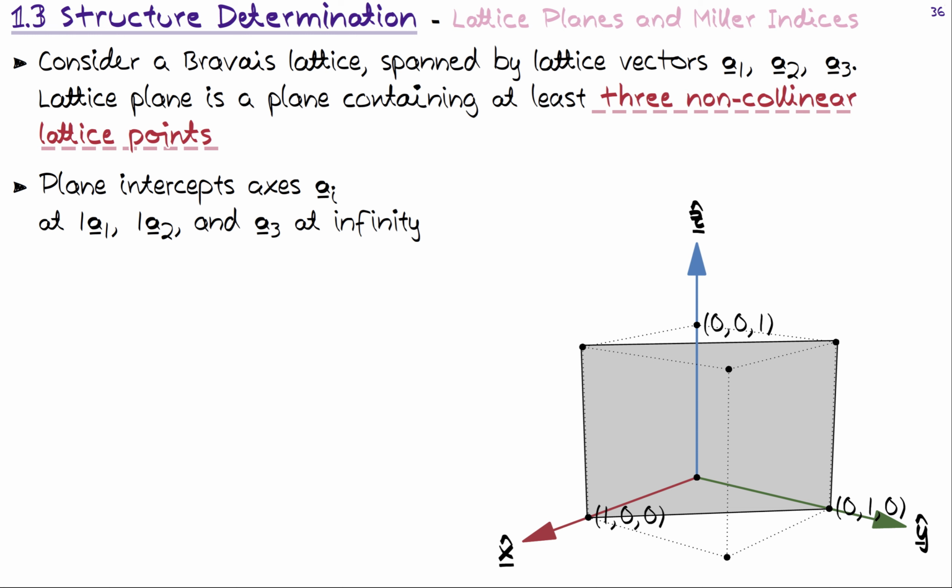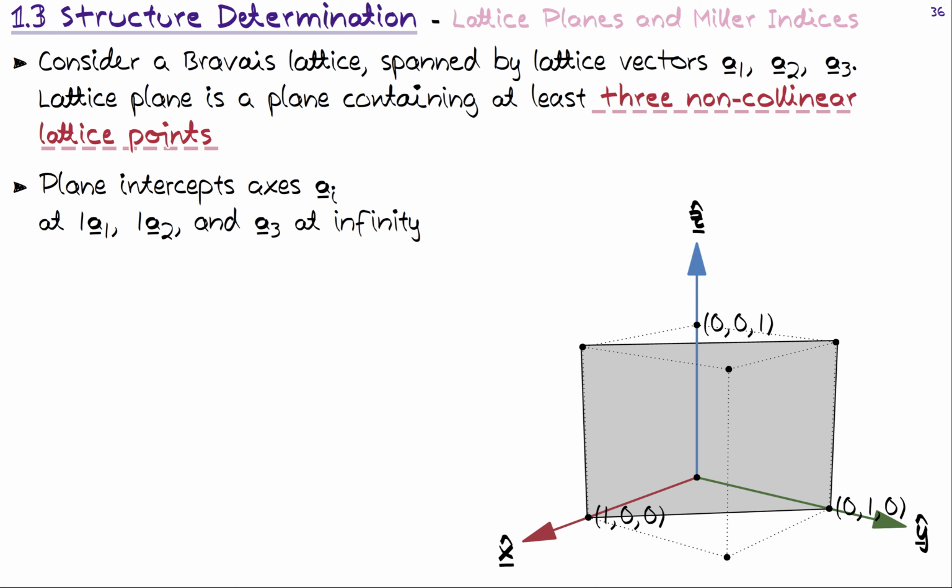And what we will do now is come up with a notation that describes this plane that we have drawn into our lattice. Later on, we learn that this choice for the description is very useful because it is explicitly compatible with the Laue description of X-ray diffraction.